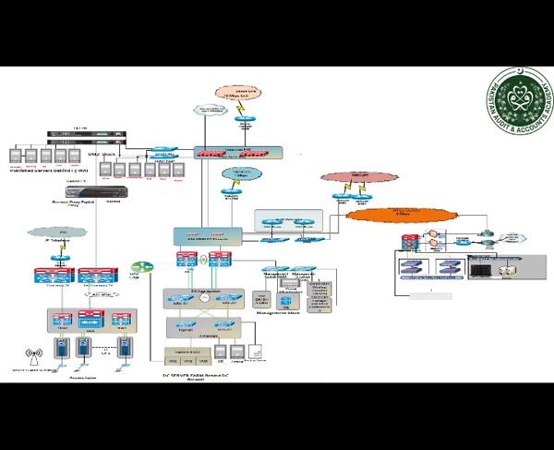The certification machine, different servers, we call it a server farm. This is behind the firewall. Basically, this is just to give you a quick example of what a network diagram would look like if you haven't seen it before.